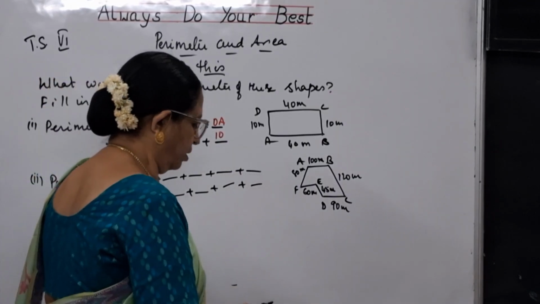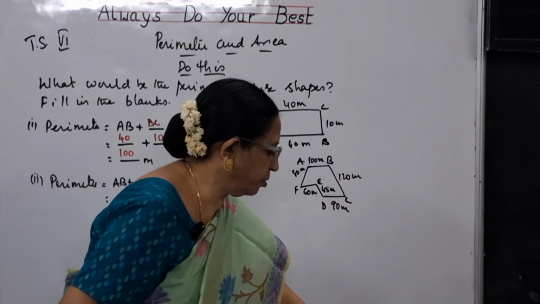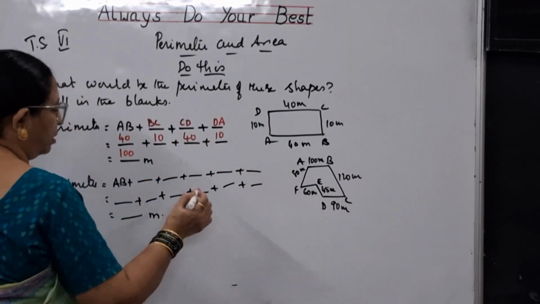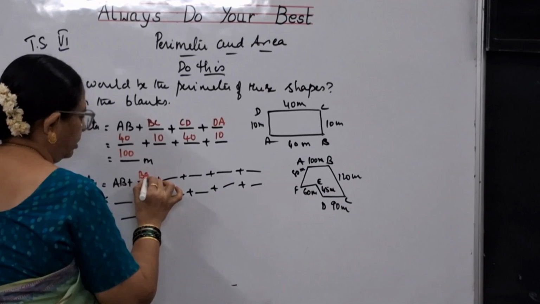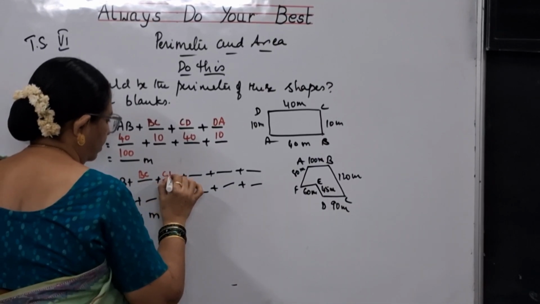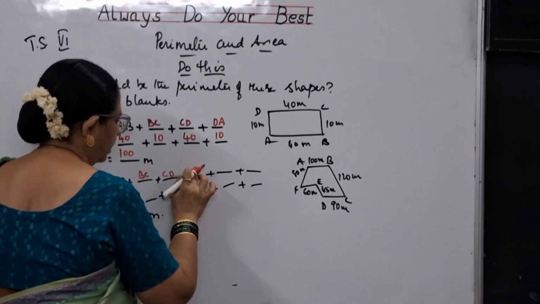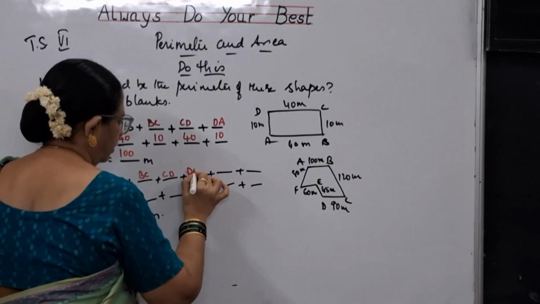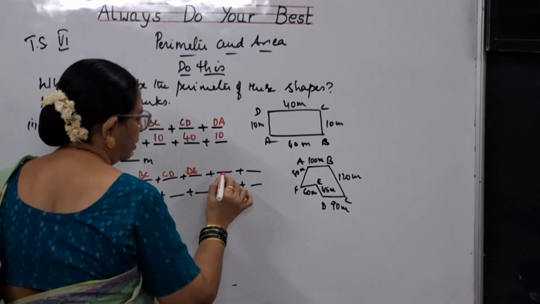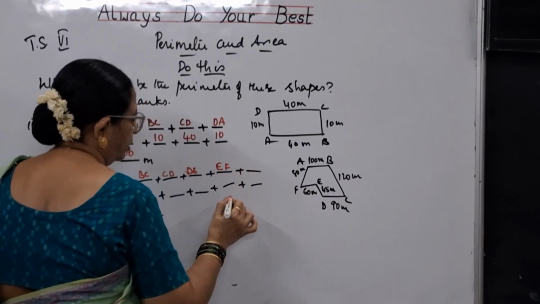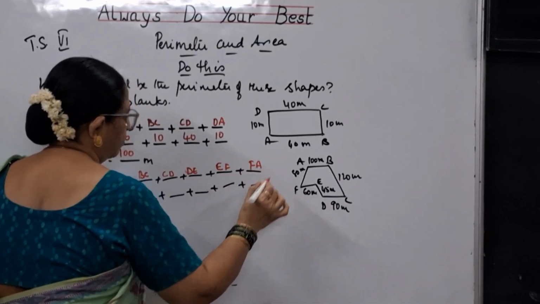Let me see about it. AB plus BC plus CD plus DE plus EF plus FA.